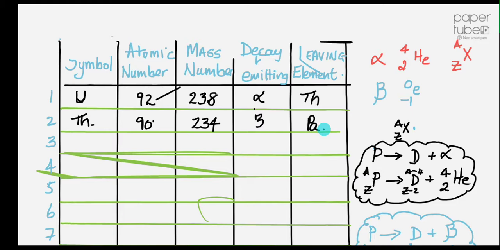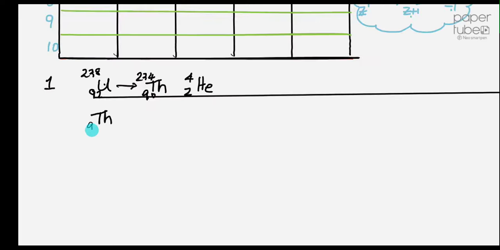So let's do this. 90, 234 goes to a beta particle, not E minus 1. Well, this has to be 91. And that has to be 234. So that happens to be protactinium.